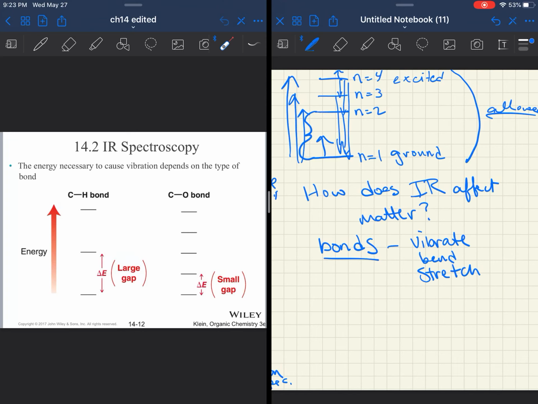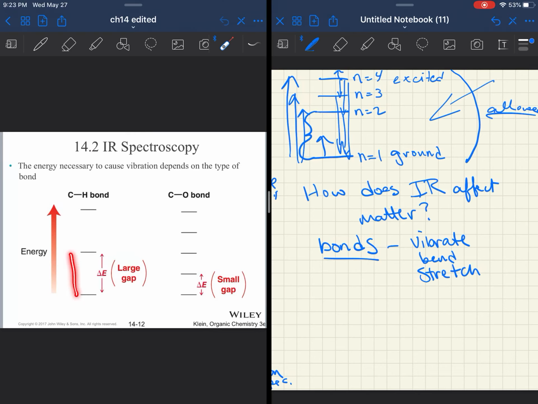So this should look somewhat familiar to you, right? Especially after we just talked about excited and ground state electrons. The CH bond and the CO bond are just arbitrarily chosen here. They're different bonds, and so they're going to react or interact with light differently.